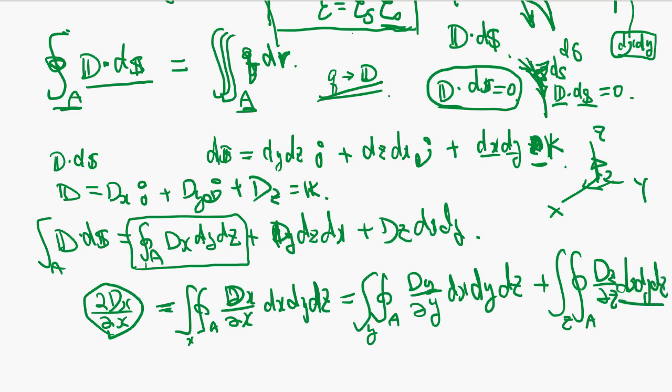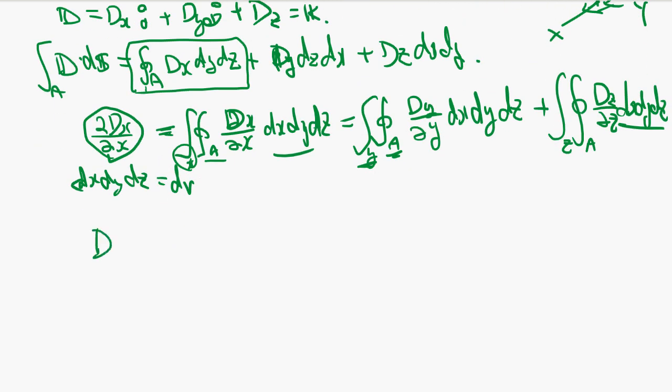So dx dy dz is a volume dV, right? So instead of integrating with x and y, or y and x, just change the order.